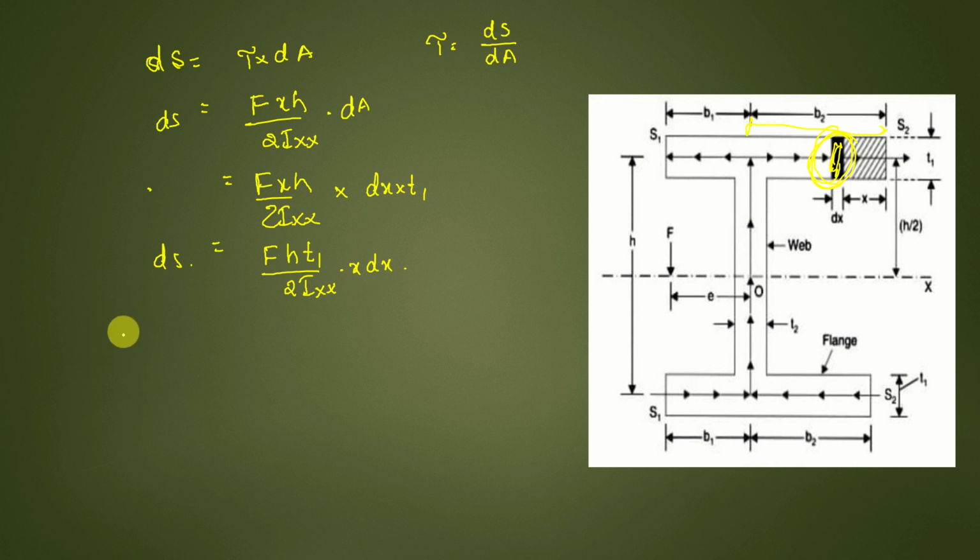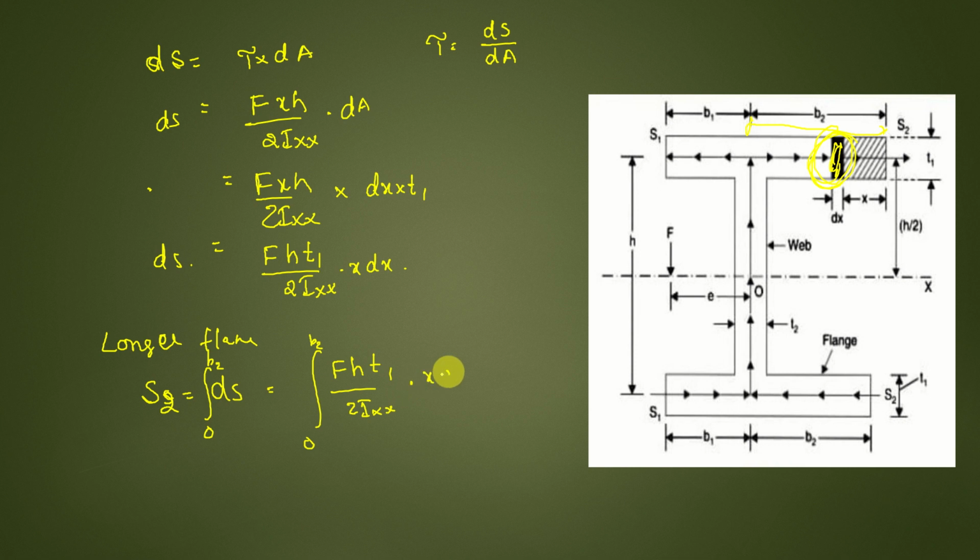So now let us find the top flange, the longer flange, that is S1, S2, right? The longer flange will be S2 here. S2 will be the integral of dS, and the limits are from 0 to b2, since S2 spreads from here to here. That will be the integral from 0 to b2 of F h T1 by 2 Ixx into x dx.